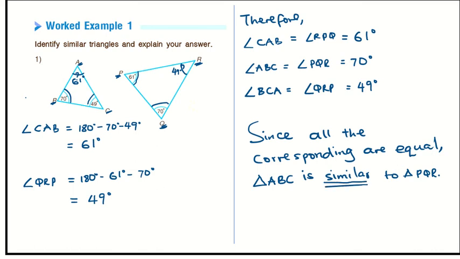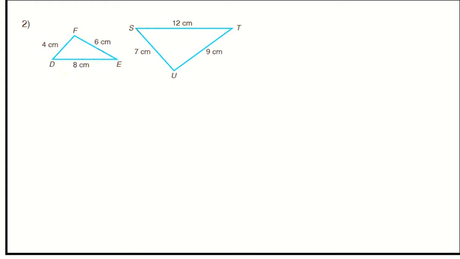Okay, so let us have another example. This is example 2. And you can see that in example 2, we do not have angles, but instead we only have sides. We also know that two triangles are similar if the ratios of the corresponding sides are equal.